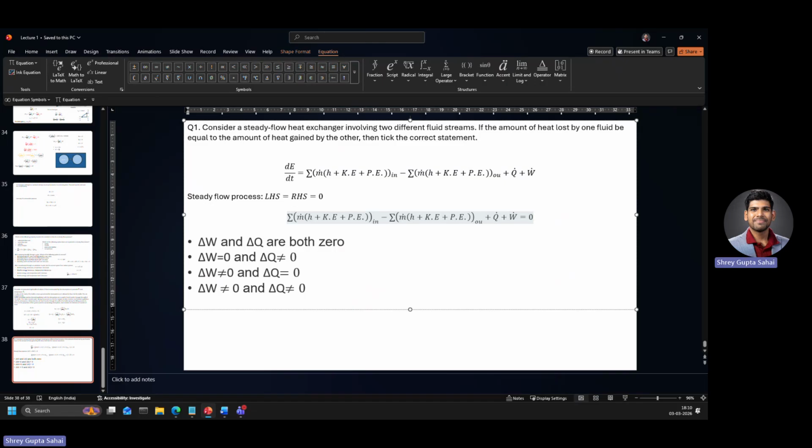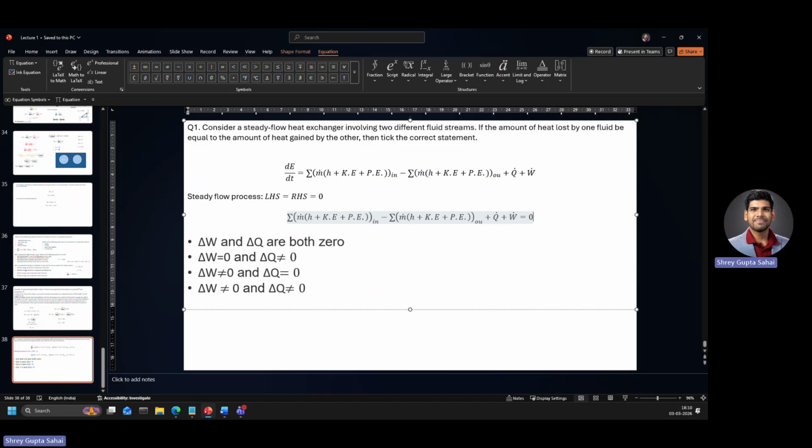The amount of heat lost by one fluid will be equal to the amount of heat gained by another fluid. Note that there are two streams, so there will be two inlets and two outlets, assuming there is no mixing happening inside this heat exchanger, which is very probable. We can't say it might be a mixing chamber, but if a heat exchanger is said, generally we assume that the two streams are not mixed.